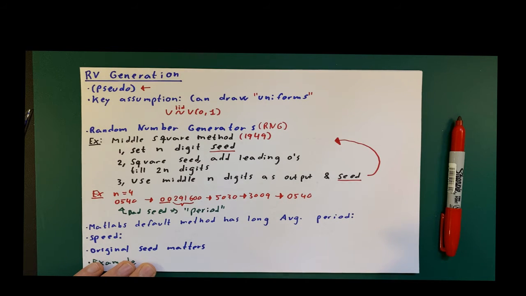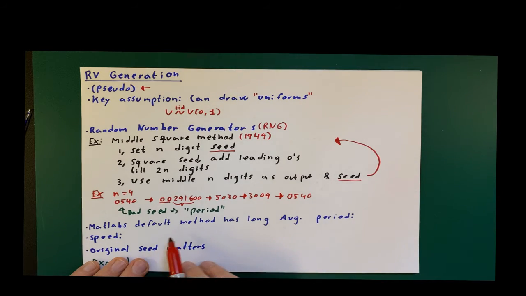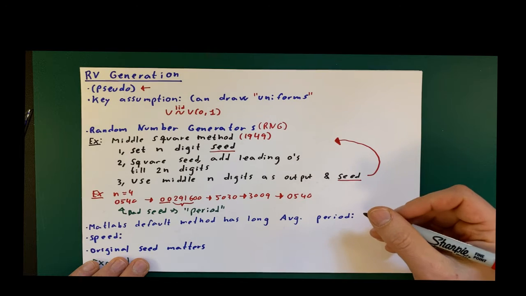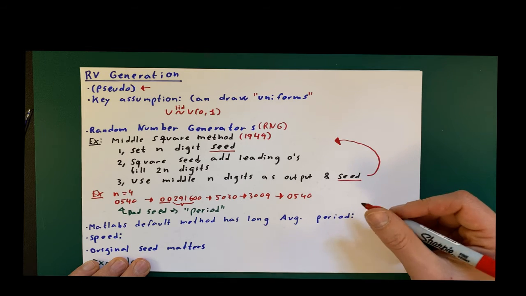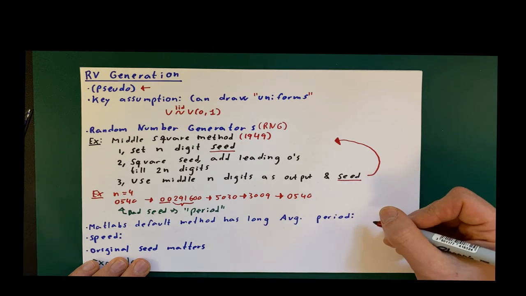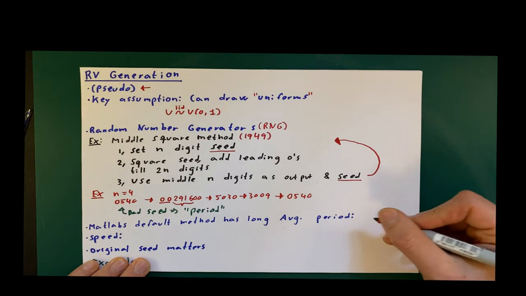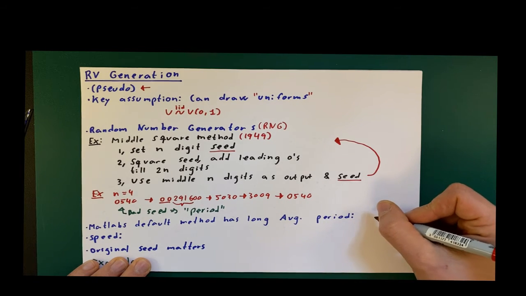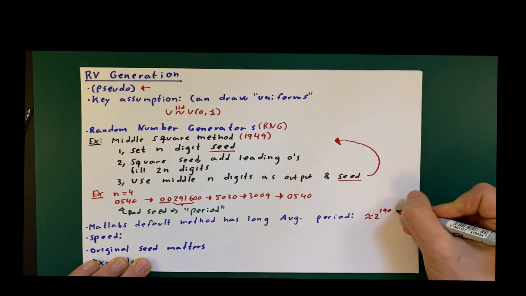Now, luckily for us, if we look at something like Matlab's default method, or just, I think it's pretty much standard for all computer languages these days, it has a really long average period. So the average time before the numbers will start cycling back in, depending on the seed, is going to be something like 2 to the 19,000.